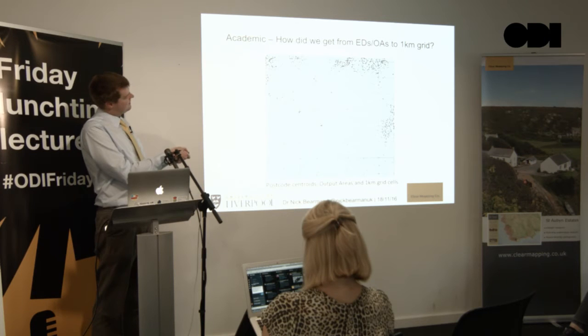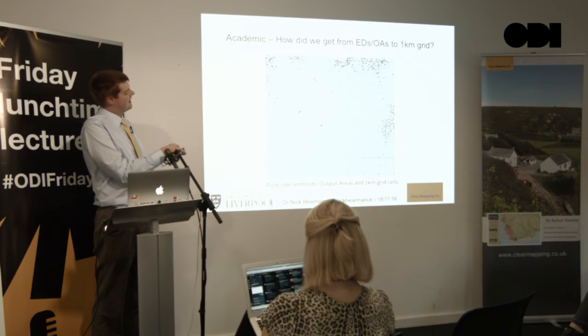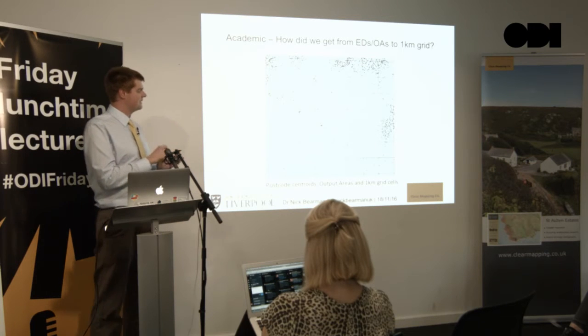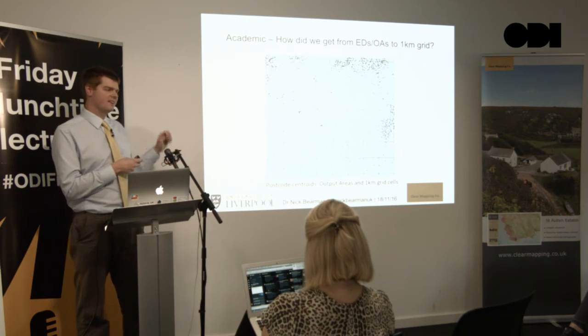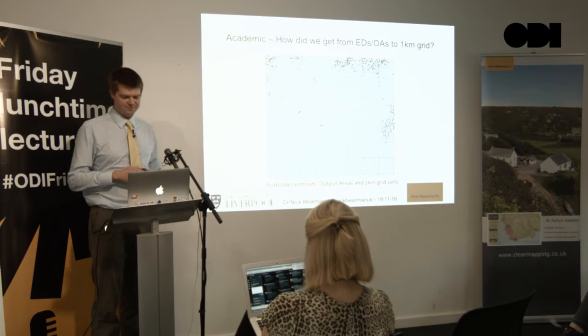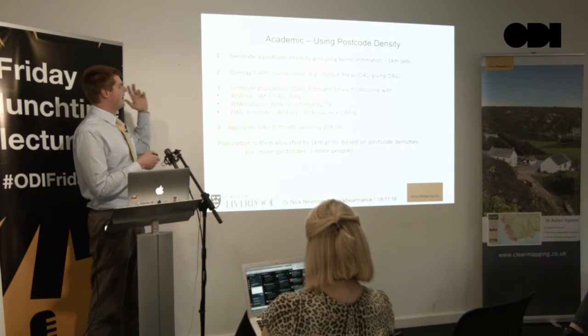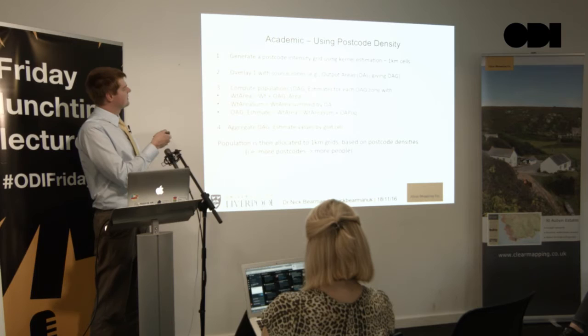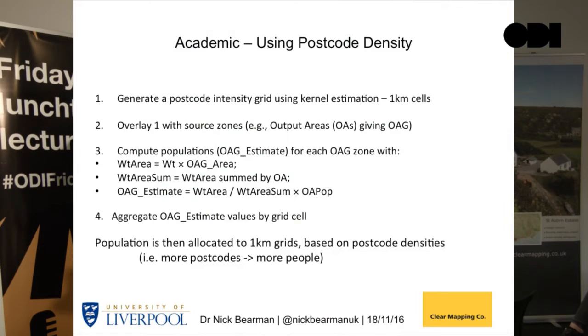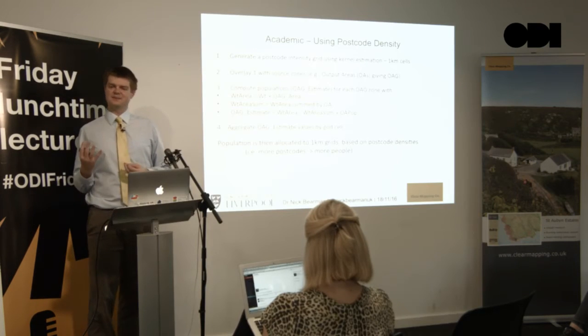So what we did was we have the total population for each output area, take that, then allocate that to a surface based on where the postcode densities are, and then aggregate those to the 1 kilometre grids. So take the postcodes, and we have a density grid, and then we overlay it with the output areas, work out the populations and aggregate them to the grid cell. Essentially, the population is then allocated to 1 kilometre grids based on these postcode densities.